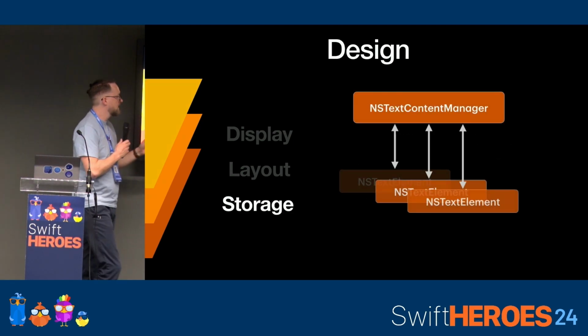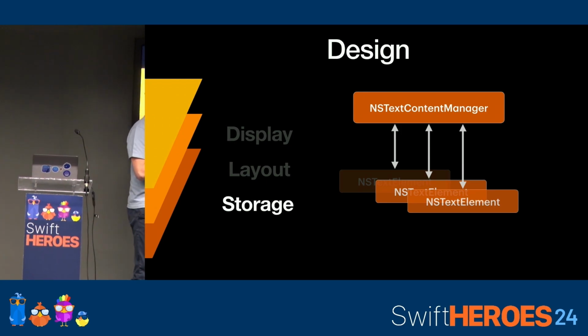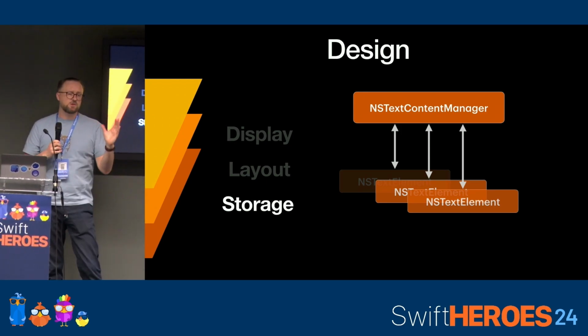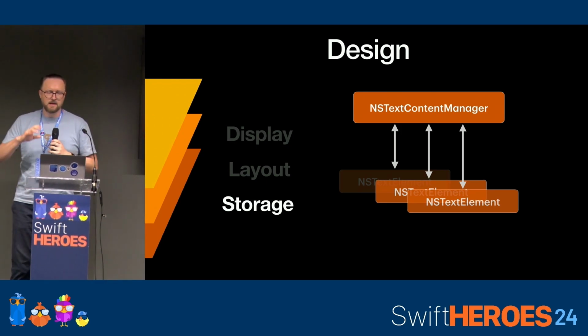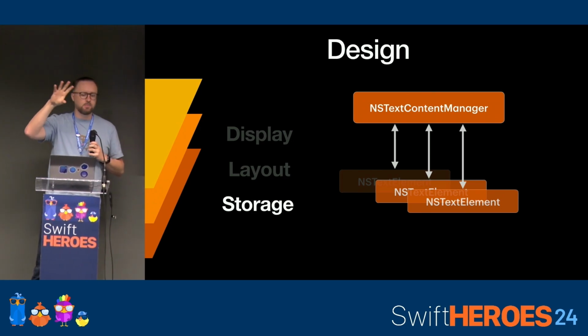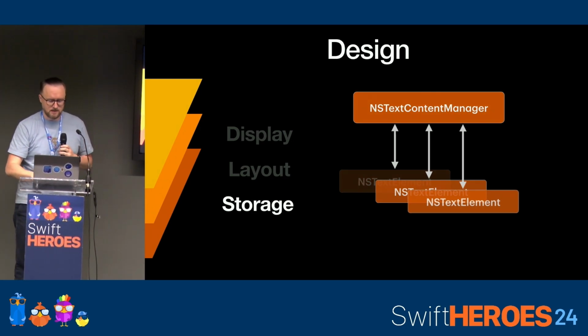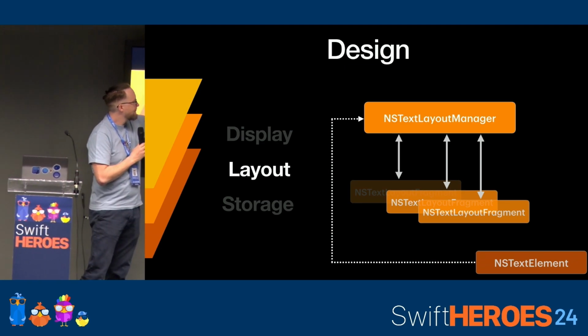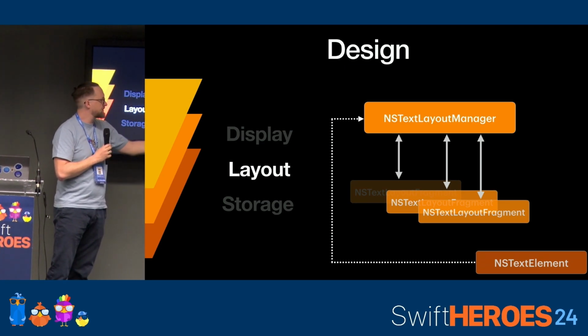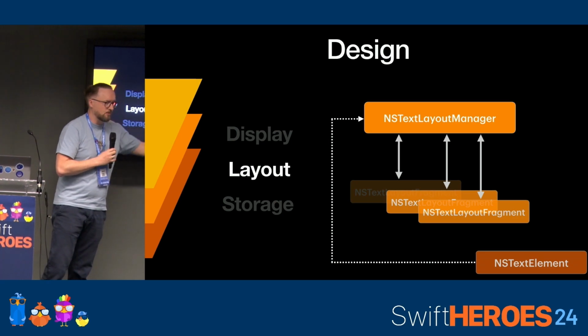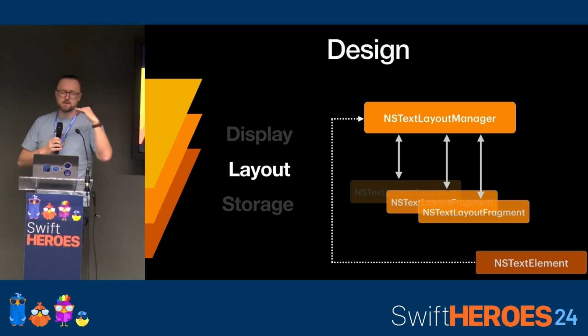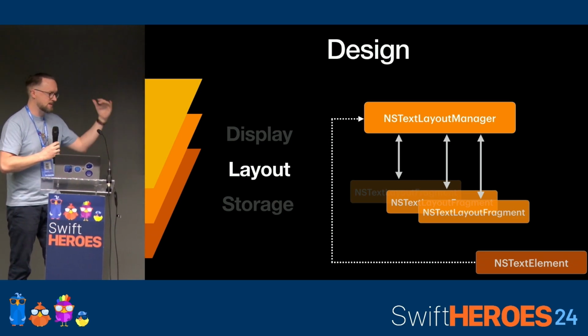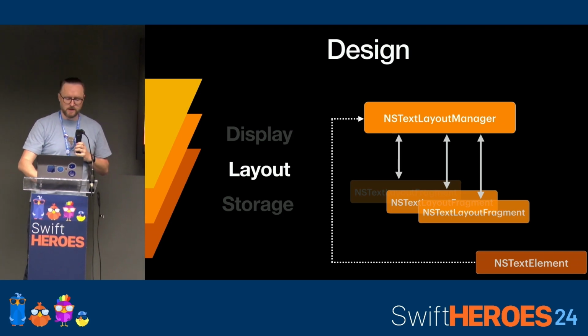How does it work? The storage creates text elements. Those are virtual elements that just parse the input and create those elements. Those elements are digested by the layout manager, and it creates the layout fragments, which is text that already has the properties with the size, position, and all of that.